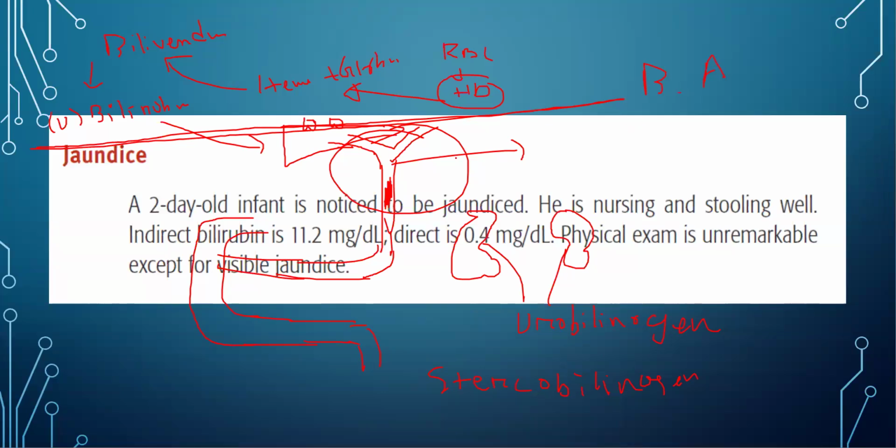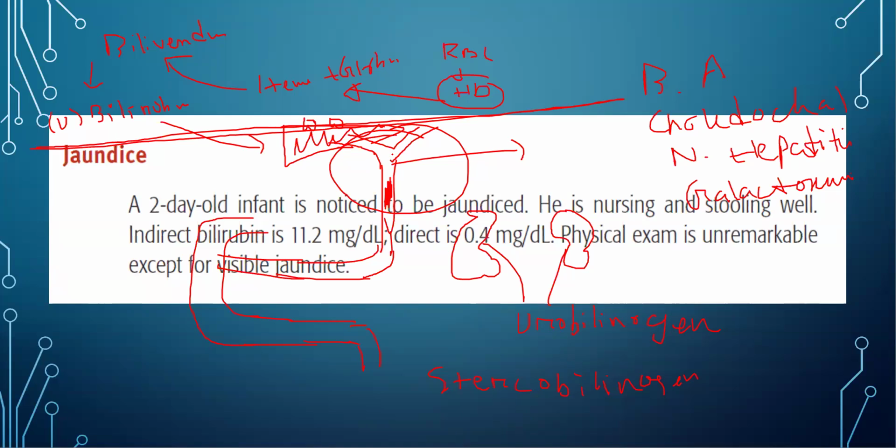It could be biliary atresia, a cyst called choledochal cyst blocking it, or hepatitis, so if the hepatocyte is not working properly, neonatal hepatitis. And then there is a hereditary condition called galactosemia that can be another cause of direct hyperbilirubinemia.